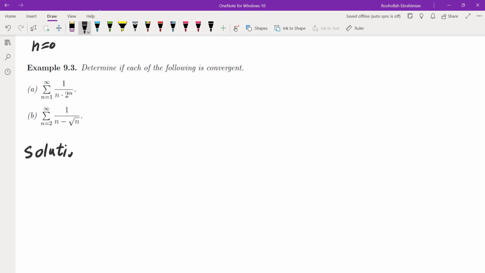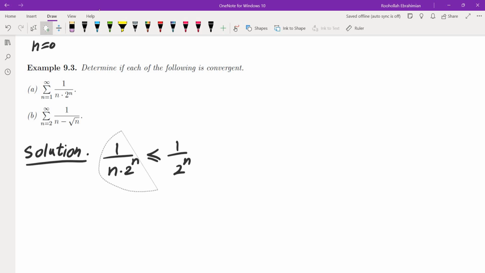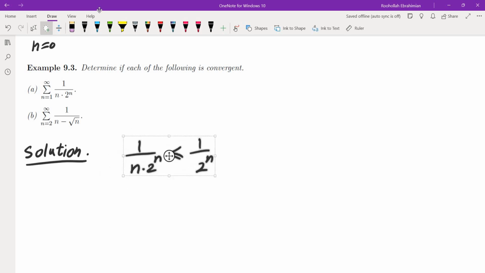Okay, so let's look at another example. Determine if each of the following is convergent. So if you look at 1 over n times 2 to the n, this is certainly less than or equal to 1 over 2 to the n. And I'm going to make sure that I'm checking all of the conditions anytime I'm using a test.